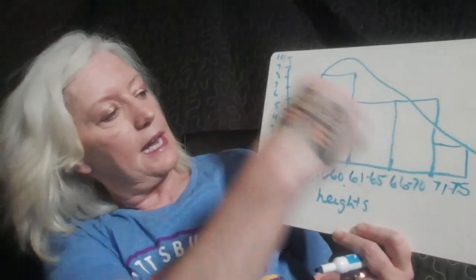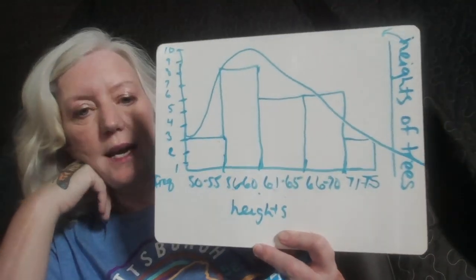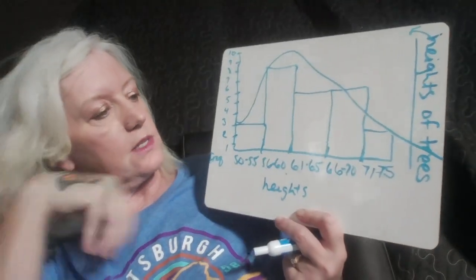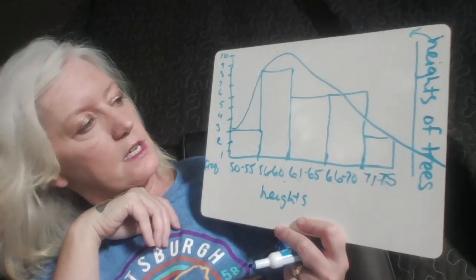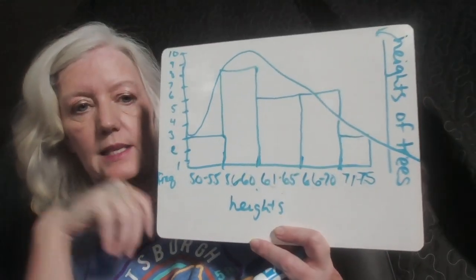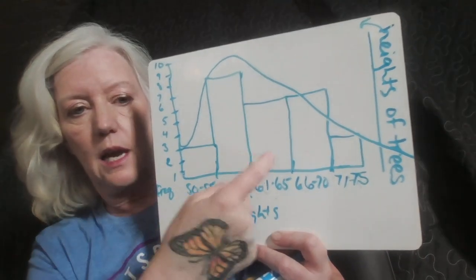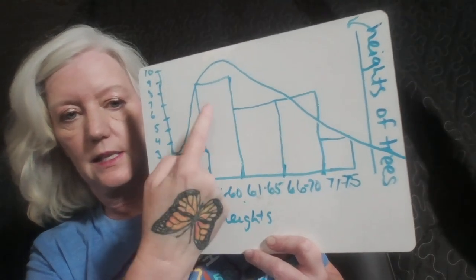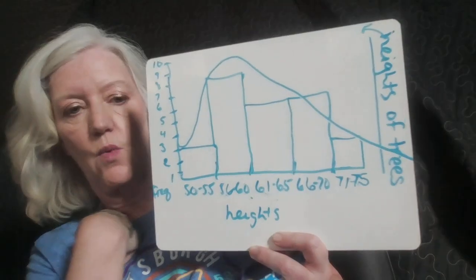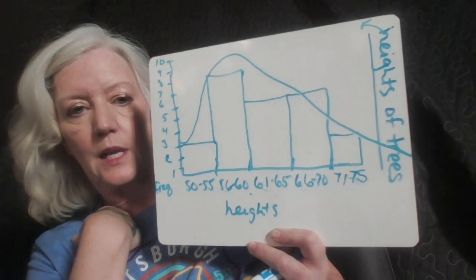This looks like it might have a bit of a right or positive skew because some of the numbers are higher over here. This is the mode, the highest bar, so it's got one mode. Unimodal, right skew. There you go. That is how you make a histogram.